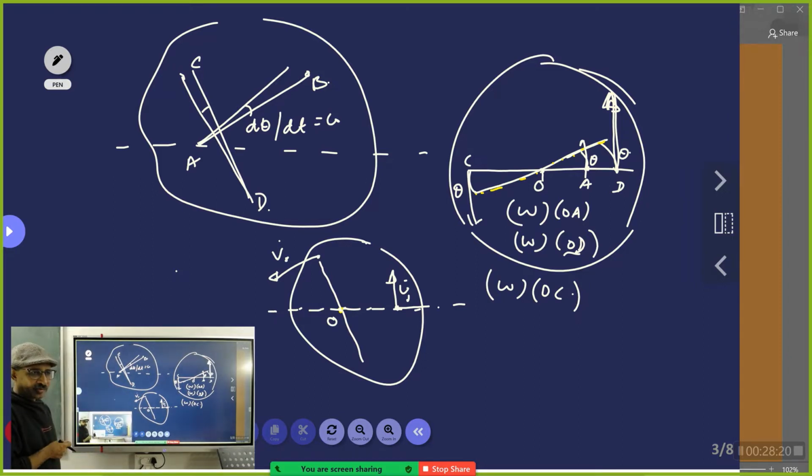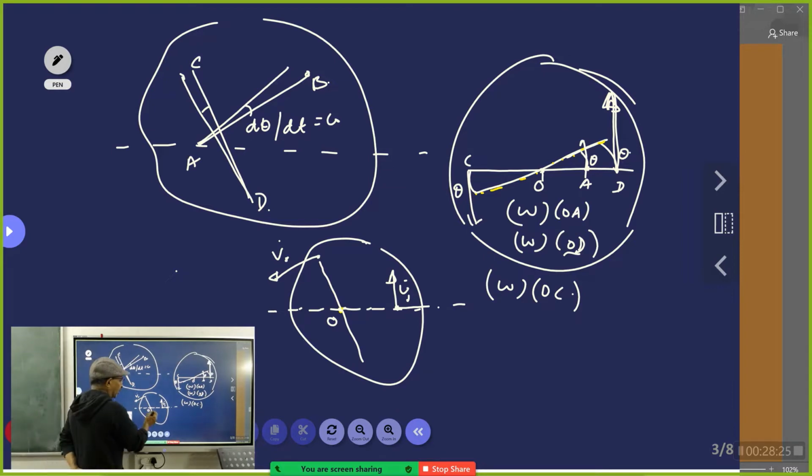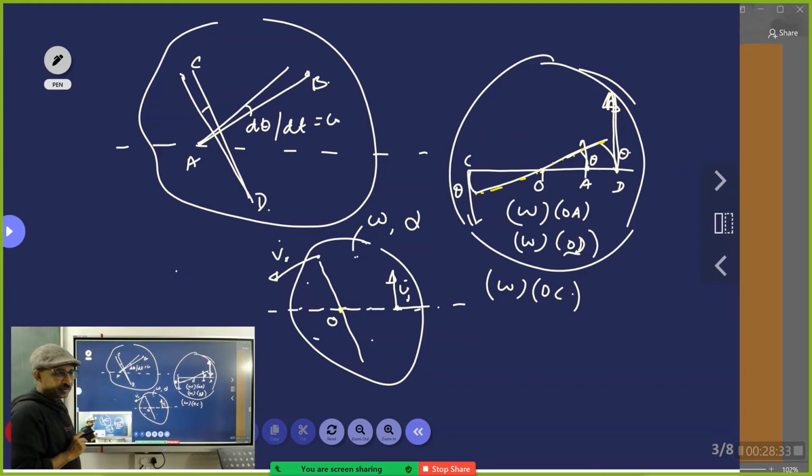That's simple. You take any particle here, all these particles will have the same angular velocity or angular acceleration. I suppose this is quite simple to comprehend.